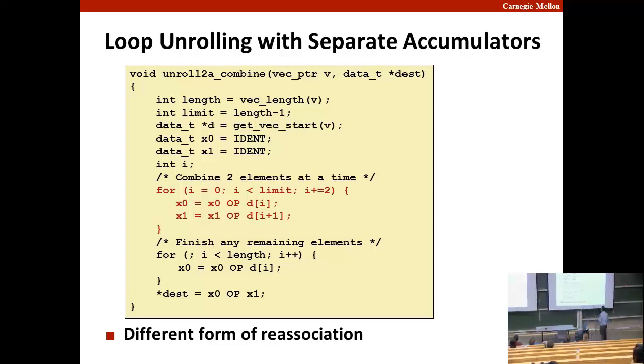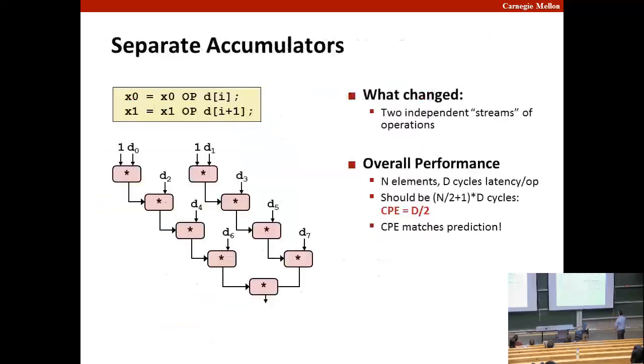Here I'm using separate accumulators. Notice that I have two variables now, x0 and x1. This is going to give me a little more independence, because it's not dependent on the same accumulator. So now I see this. Right? These two streams don't get tied together until here. Nice, long, independent chains.